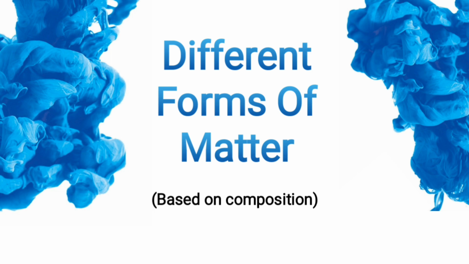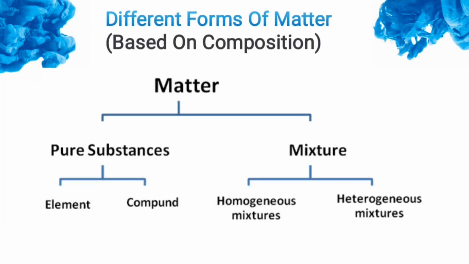And based on this, matter is divided into two main forms. Different forms of matter based on composition. Matter is divided into two main forms, number one, pure substance, and the second one, mixture.